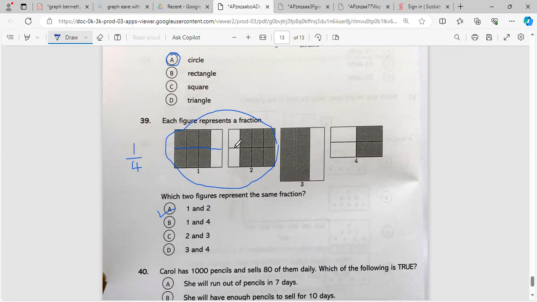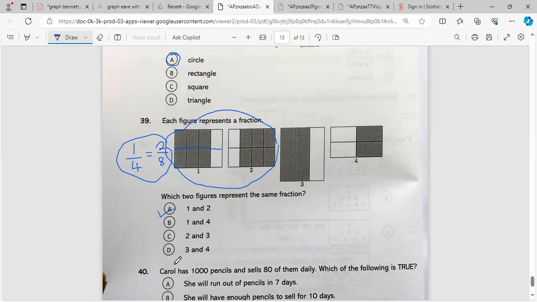It would be 2 out of 8. Is 2 over 8 equivalent to a quarter? If you write down the fractions, it would be the same in number form.